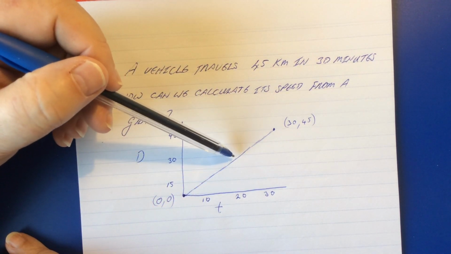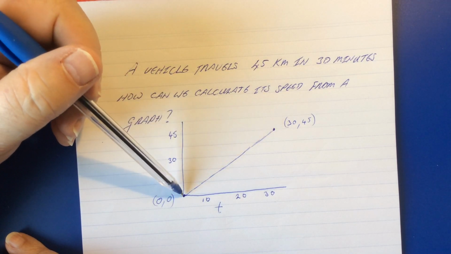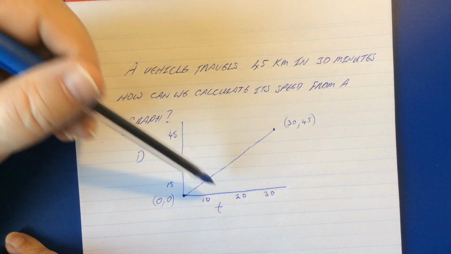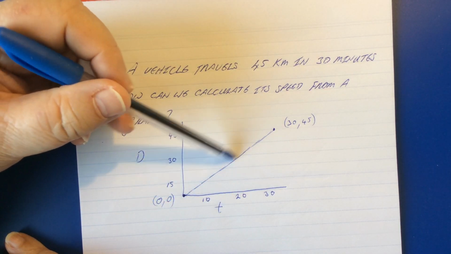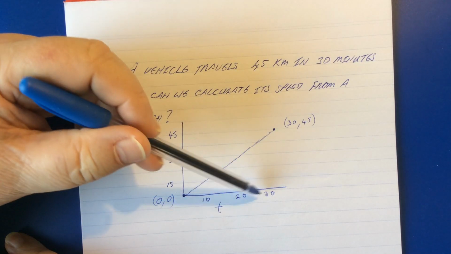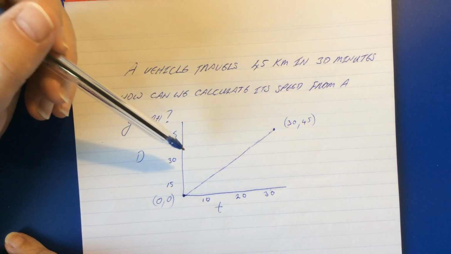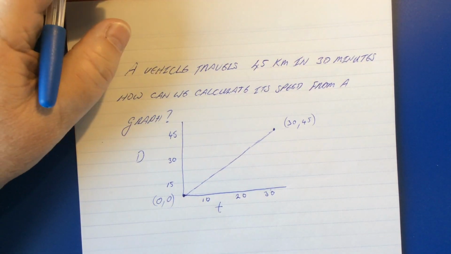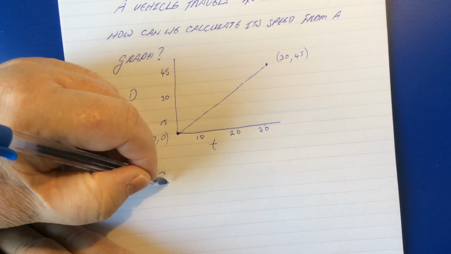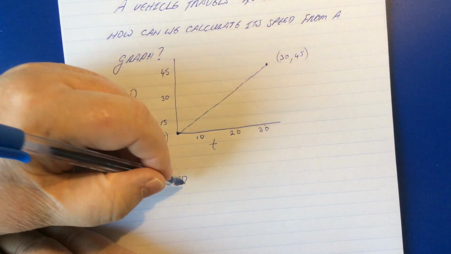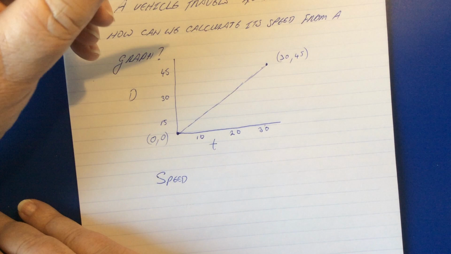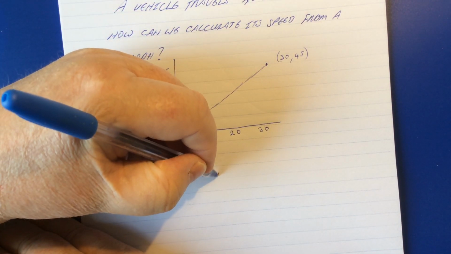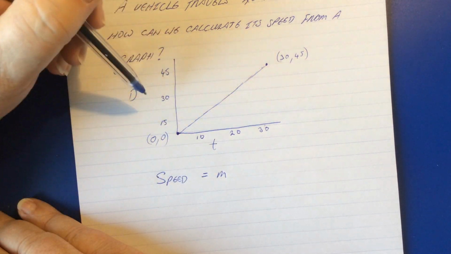Now, what this straight line tells us, because again we have no other information, is that the speed, which is distance over time, was constant between 0 and 30 minutes. We have no other information, so we just assume that. Now, what was that speed? Well, that speed, and apologies to the physicists who like to say velocity, that speed is equal to the gradient of this straight line.